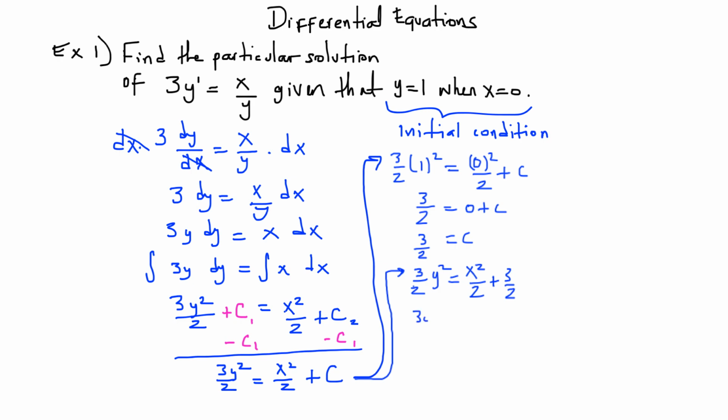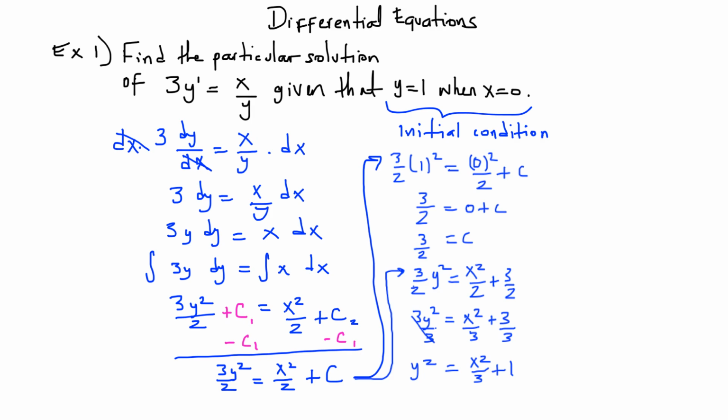So we just have 3y squared equals x squared plus 3. I don't have to show you that multiplication, right? You guys can see what's going to happen. And then I divide by 3. I can divide individually by 3, or I can just divide the whole thing by 3. This is up to you. I guess I'll go individually. So we have y squared equals x squared over 3 plus 1.